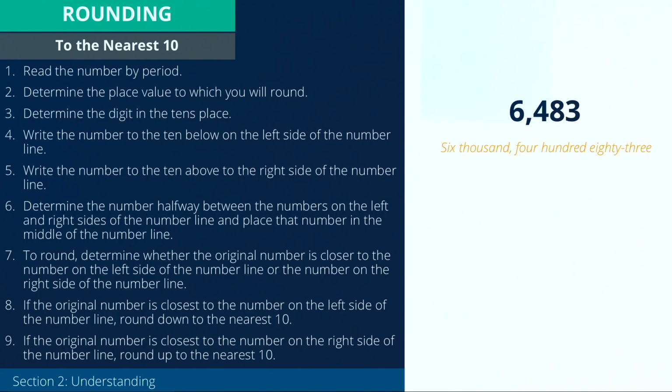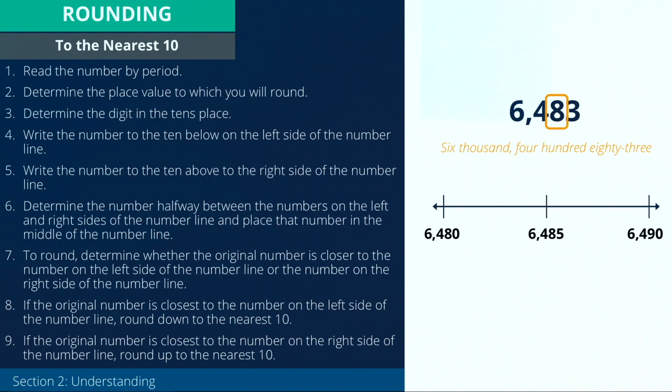Let's look at another example here for 6,483. I'm first going to read the number, so 6,483. I'm going to determine the place value to which I'll round. In this case, it's the tens place. And I'm going to think about the digit in the tens place, which here is 8, which represents 80. Then on my open number line, I would write the 10 below, so that's 6,480, and the 10 above, which is 6,490.